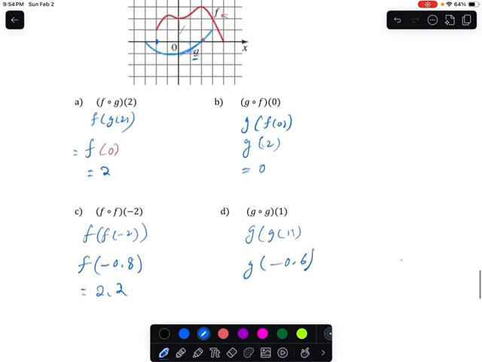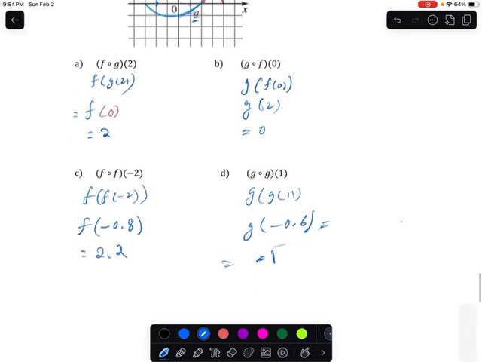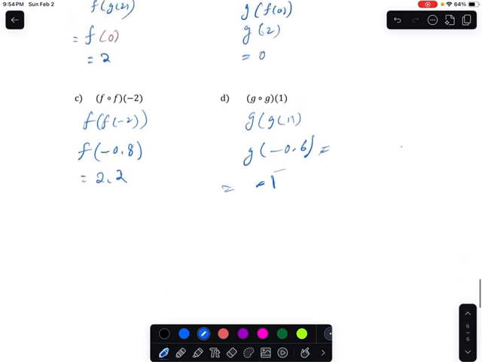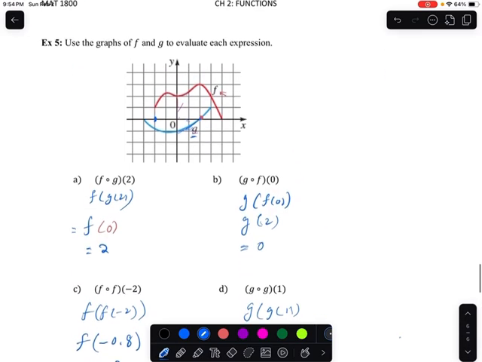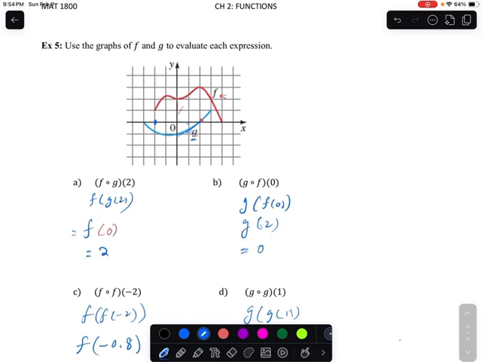So g of -0.6 will be almost -1. So this is how we can use the graphs to find the values. Okay, so that's it for section 2.7.